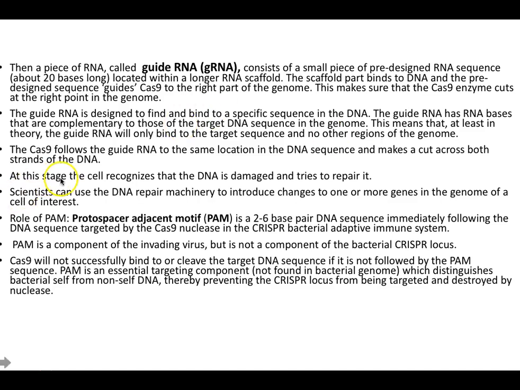All right, so at this stage, the cell recognizes that the DNA is damaged and tries to repair it. And of course, what we're trying to do, not the bacteria trying to get rid of a virus, is get rid of mutated genes that are causing diseases like Tay-Sachs, type 1 diabetes, Parkinson's disease, or cystic fibrosis.